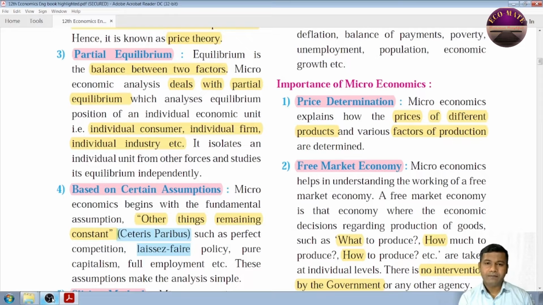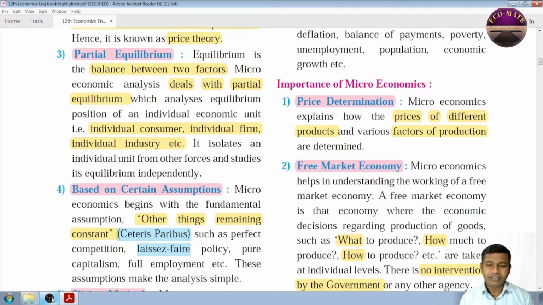Let's take a simple example: I have 100 rupees with me as a producer, and I have to decide which commodity to produce. So what to produce is my first question. The second question is how much to produce, the quantity of the goods that will be produced. This is my second question before me.